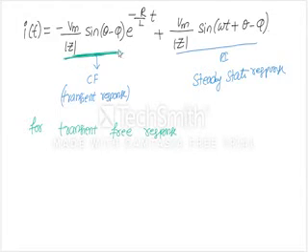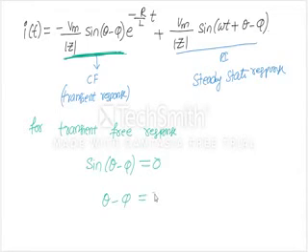So this transient part must be 0. This term must be 0, which means sin of theta minus phi must be 0 for transient free response, isn't it? If it is 0, then theta minus phi equals 0, and theta must be equal to phi.